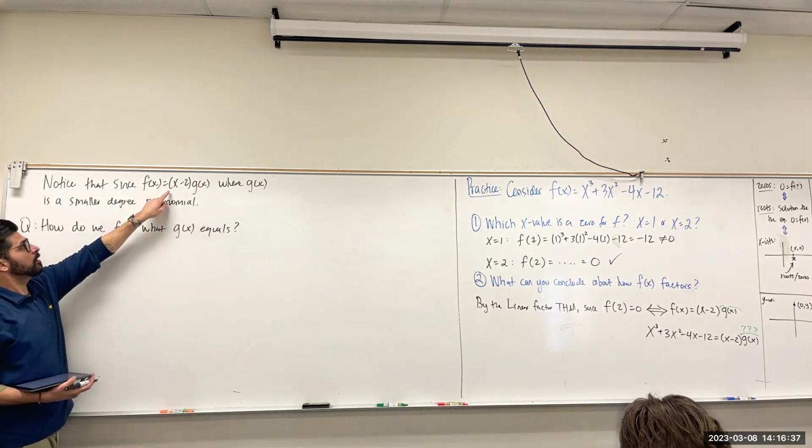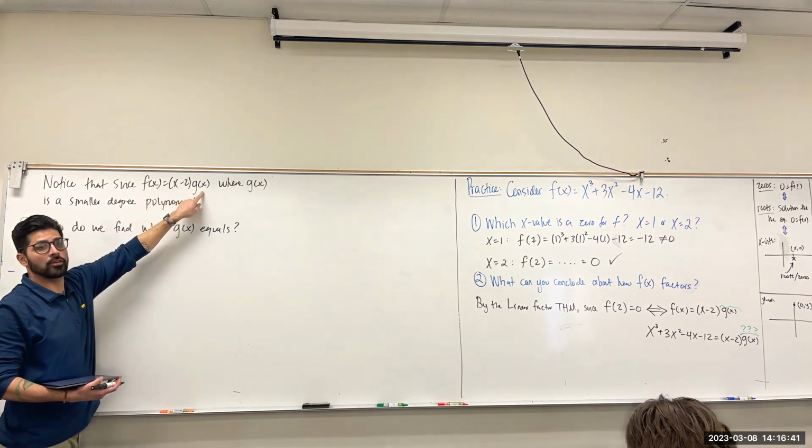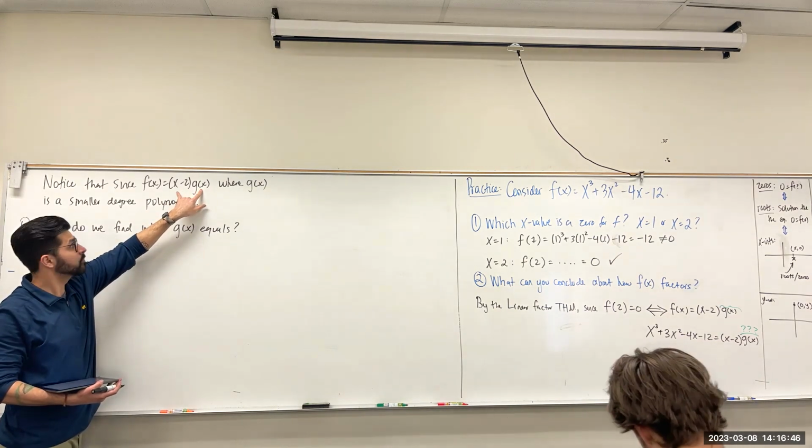What is x minus 2 and g of x doing? What are these two things doing to each other? Multiply. They're multiplying.